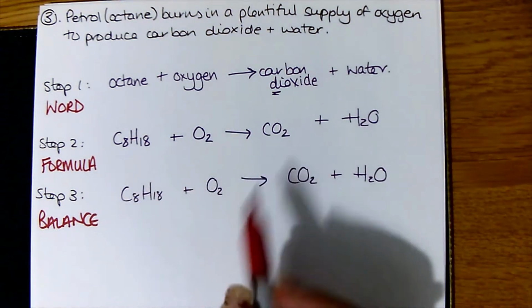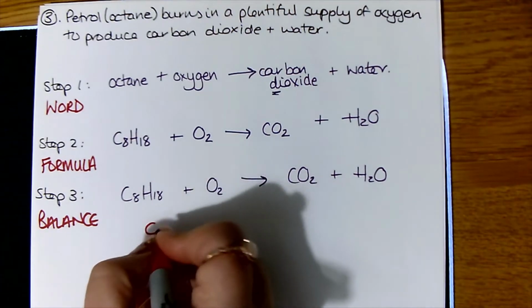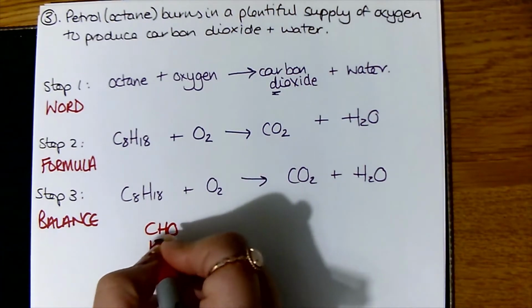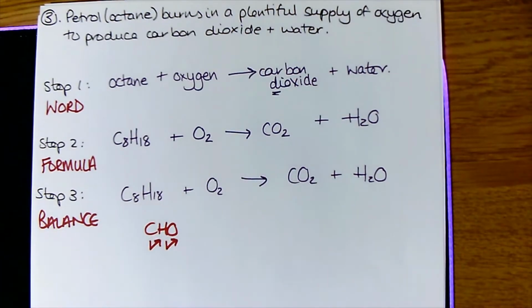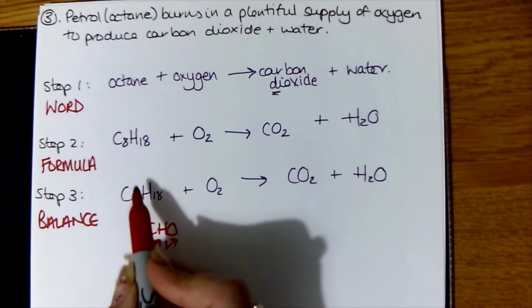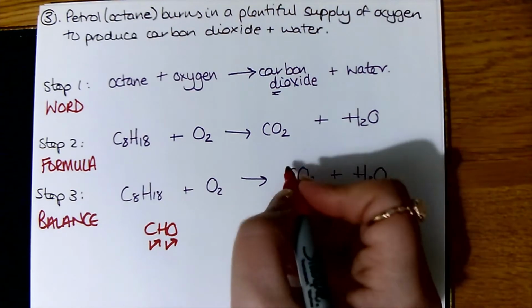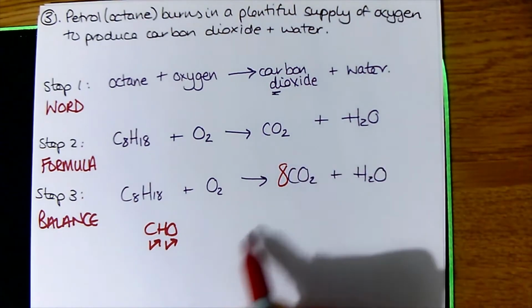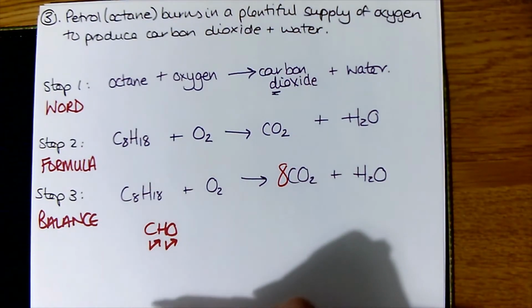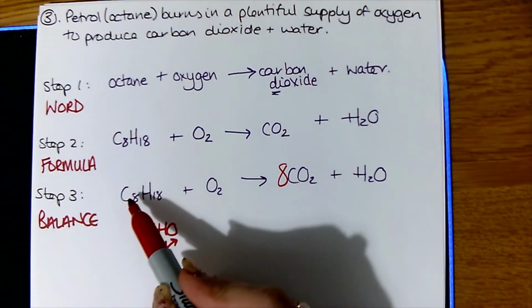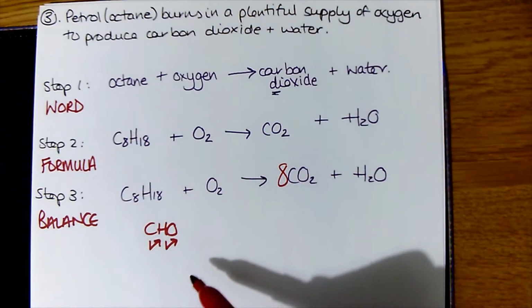Now when you have carbon, hydrogen and oxygen present, always go in CHO order. So let's start with our carbons. We have 8 carbons here and only 1 on this side, so we must put a big 8 at the front. Then we go back to the left and check: 8 carbons and 8 carbons.